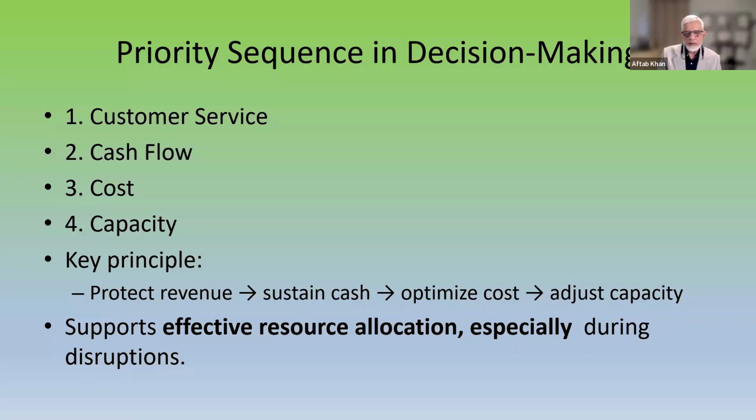So that principle allows you to protect your revenue, sustain cash, optimize cost, and adjust capacity by leveraging the different means that you have. And it supports effective resource allocation, especially during disruptions.